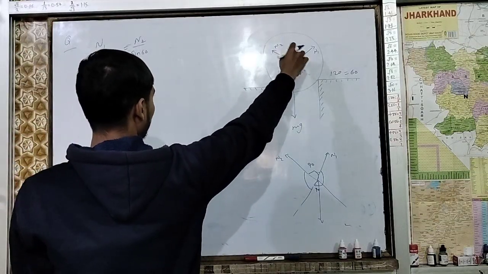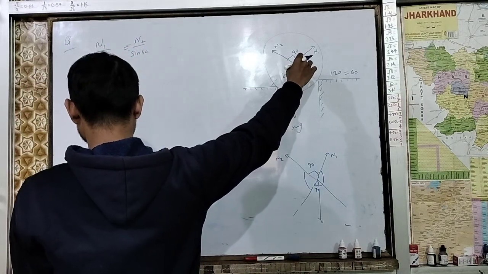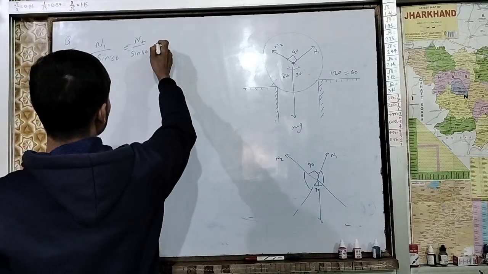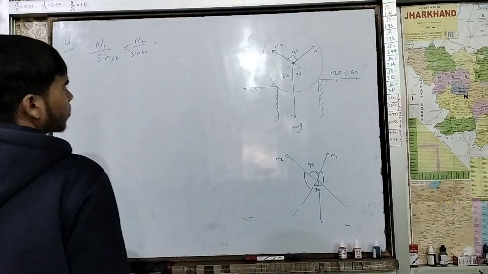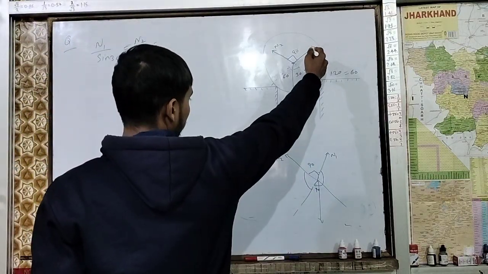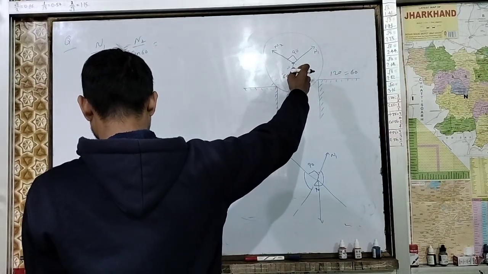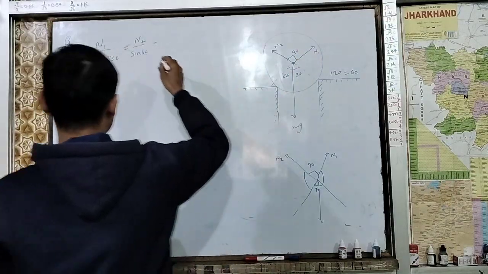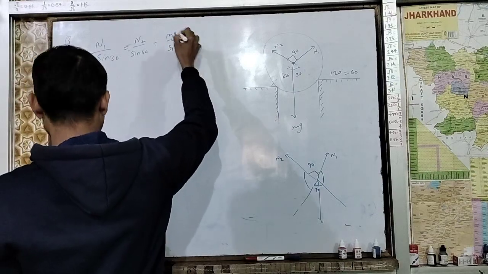N2 is in this direction, so N2 upon sine 60 and N1 upon sine 30. It is correct. This is N1, so N1 is in front of 60, is equal to mg upon sine 90.